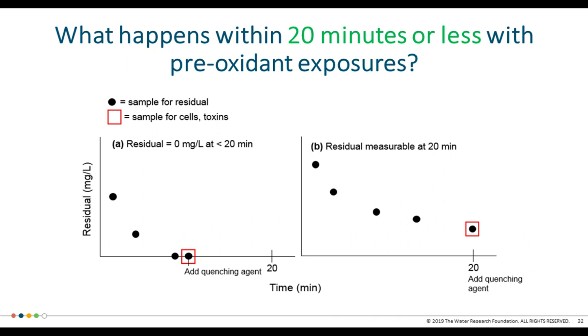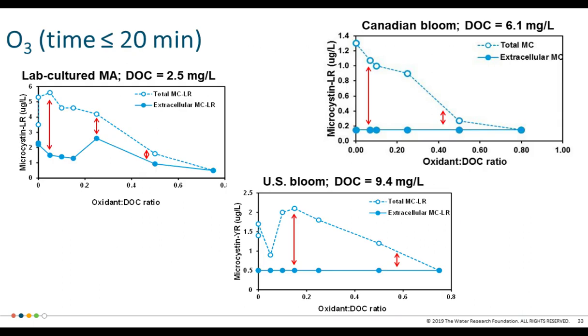Either way, we applied the quenching to the whole sample to make sure all the samples are comparable. So in this graph, we did the decay curve and took the sample to measure the toxins at 20 minutes for each of our oxidant DOC ratios.